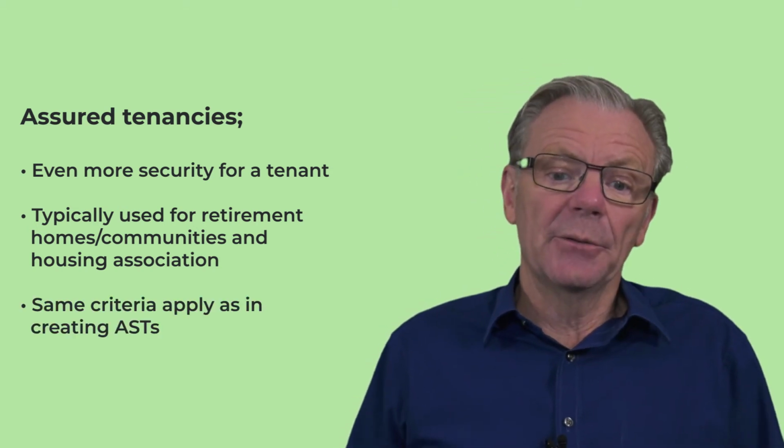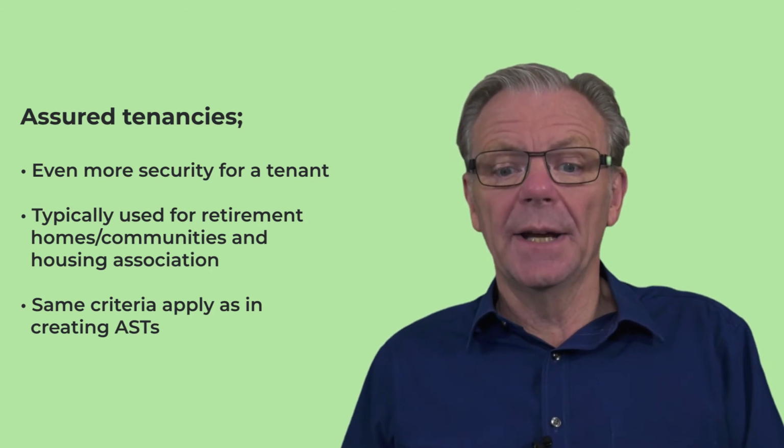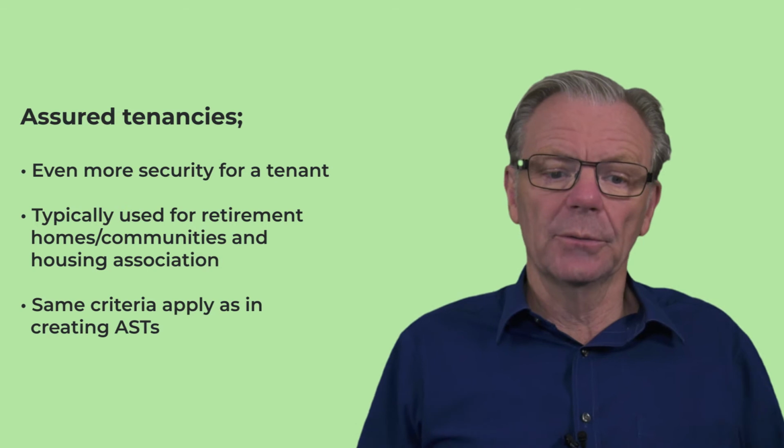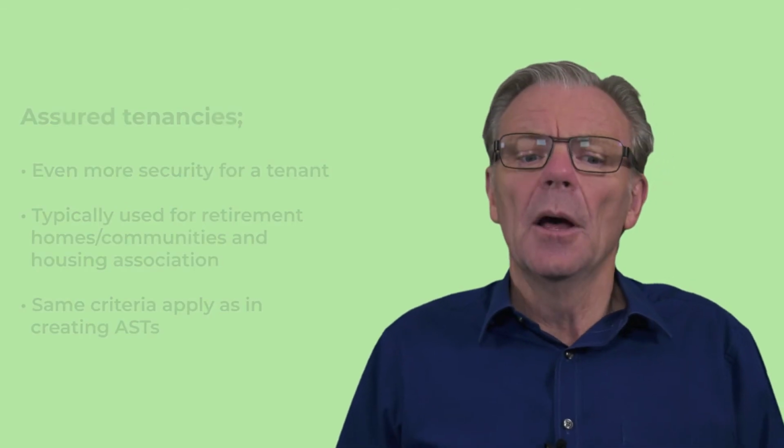The same criteria apply when creating the assured tenancy as when creating the assured short-hold tenancy. But unlike the AST, it's not very easy for the landlord to recover possession unless one of the 17 grounds for possession under the Housing Act is available to the landlord. This type of tenancy can be created for a fixed period, but more often than not, it isn't.